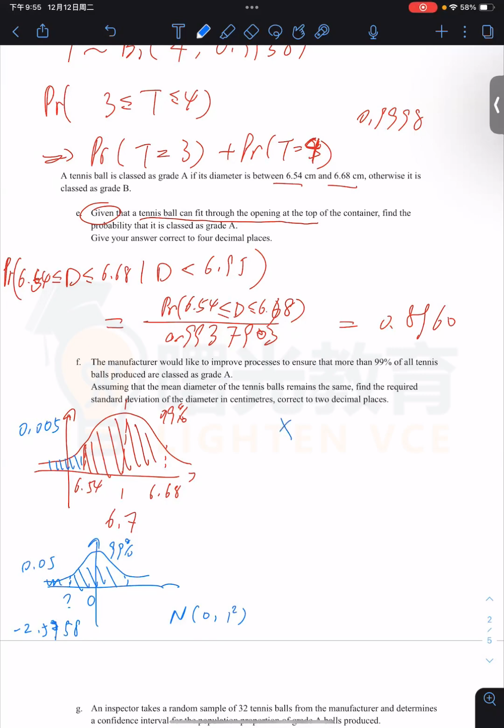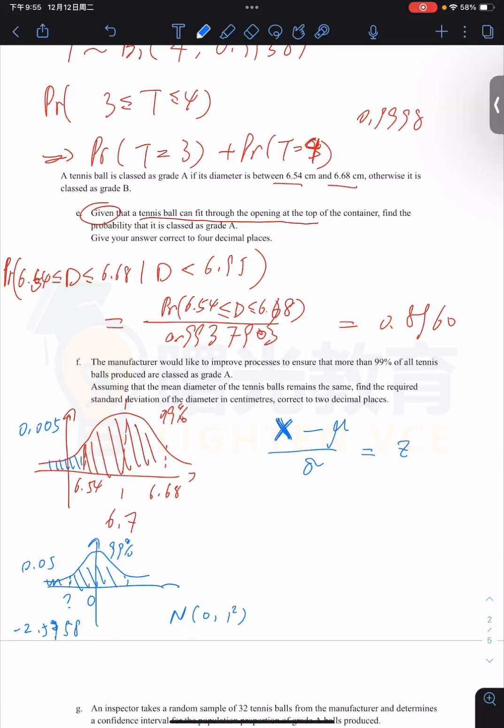And by the rule, if we convert a general normal distribution to the standard normal distribution, we have to use the score minus the mean out of the standard deviation, and that is equal to the corresponding standard normal distribution score.